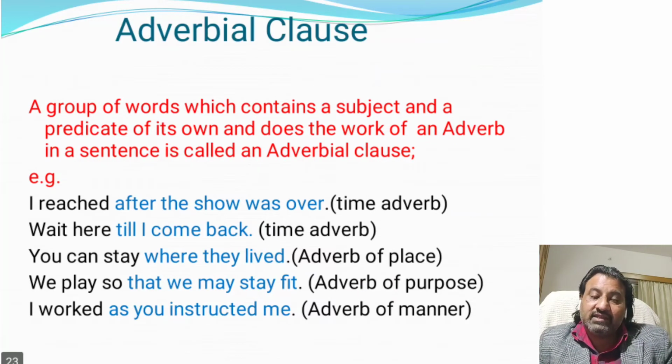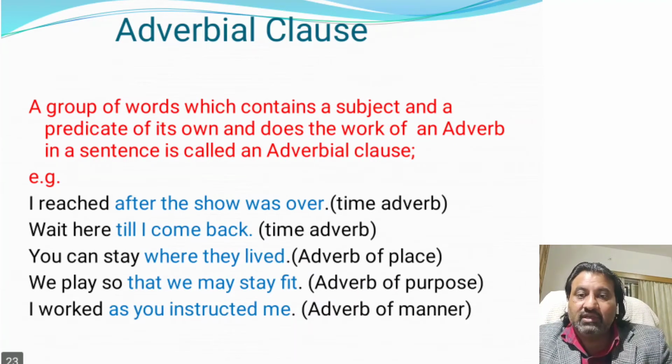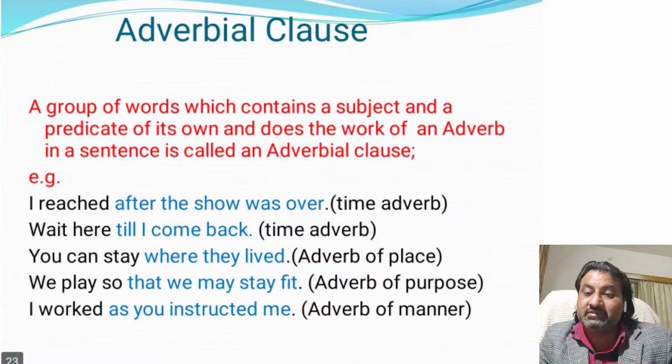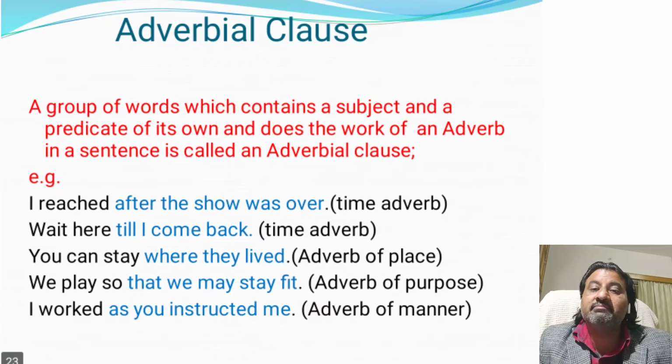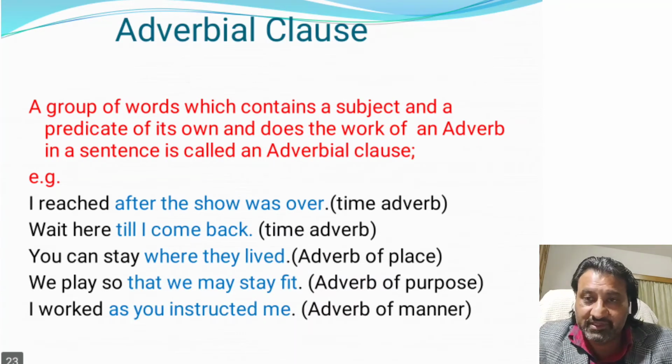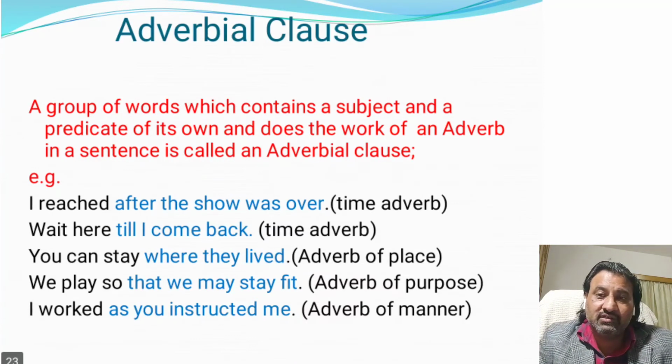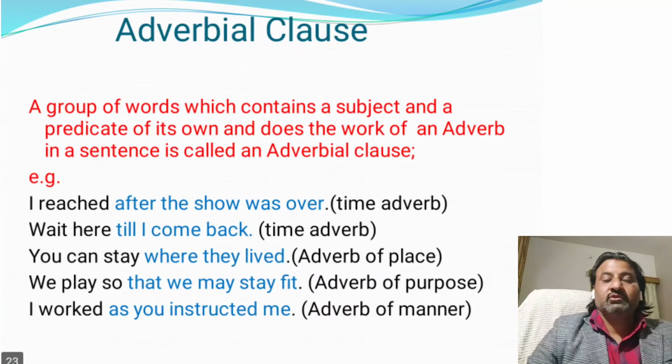And then in the next example, you see, I walked as you instructed me. As you instructed me, I walked. Well, adverb of manner. So all of these clauses do the job of an adverb, so they are called adverbial clauses.